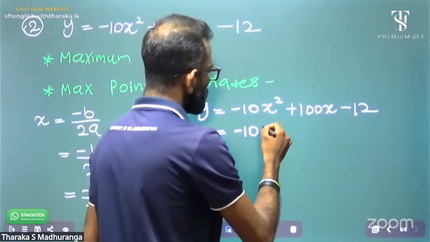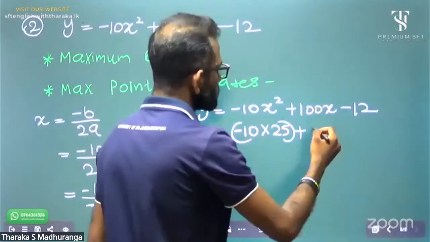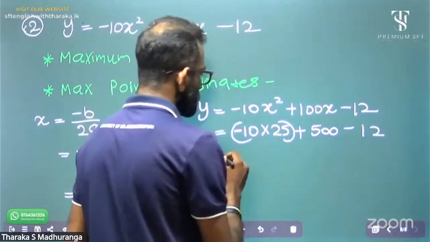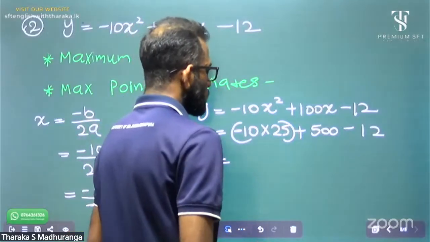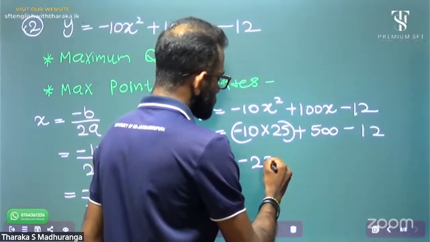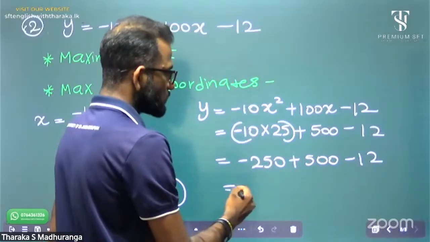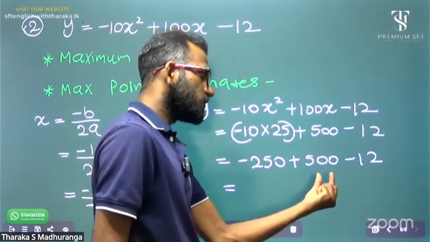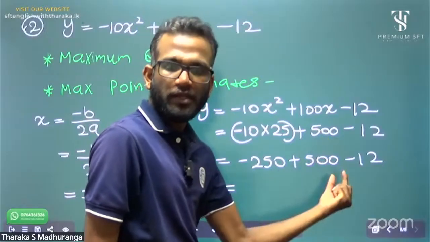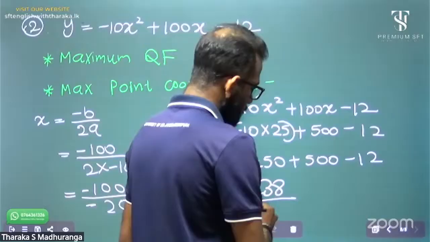Minus 10 into 25, plus 100 into 5, 500, minus 12. 10 into 25 is 250, so minus 250 plus 500 minus 12. 250 minus 12 is 238. Easy, right?